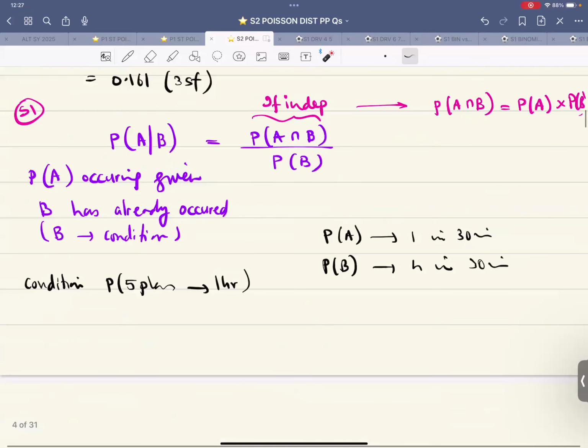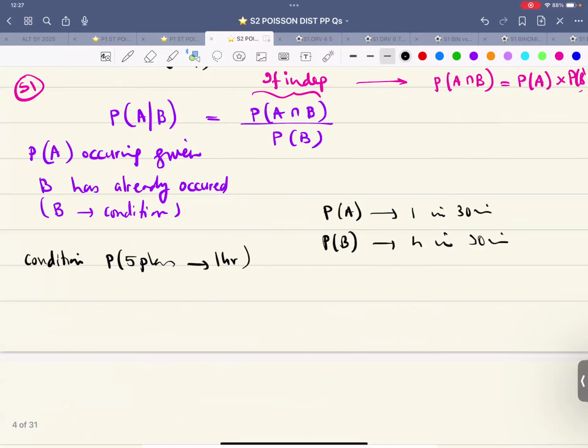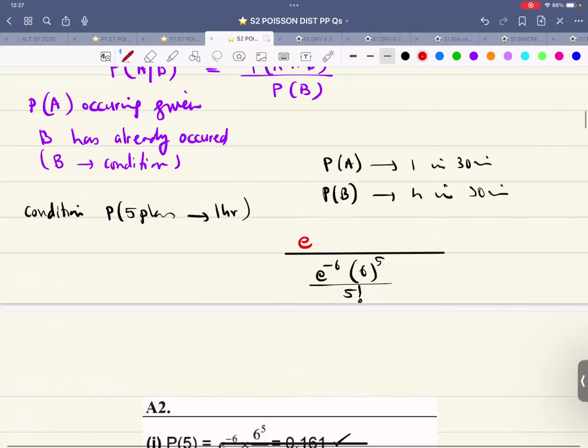So now the working is, let me write it over here. The denominator, that is e raised to power of -6, 6 raised to power of 5 divided by 5 factorial. And this part A in red color, that is e raised to power of -3, 3 raised to power of 1 divided by 1 factorial.